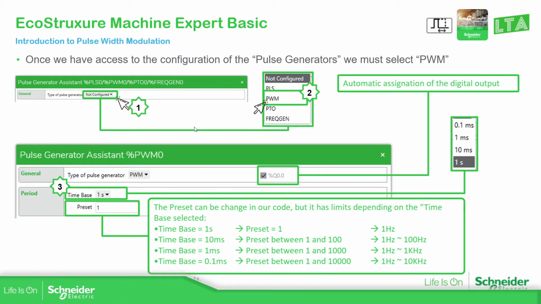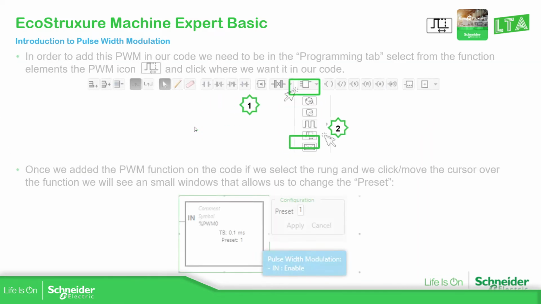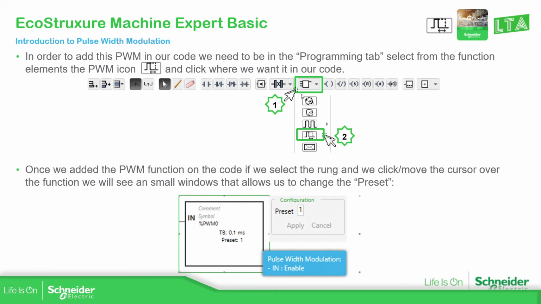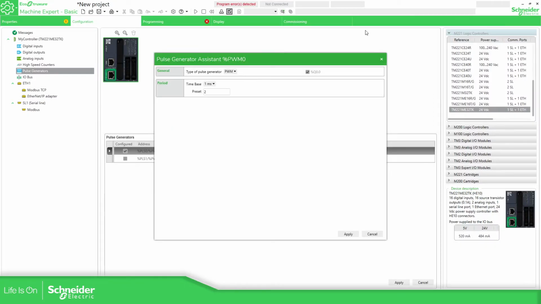So if we continue, now it's time to add the function block for the PWM. This part is simple. We just need to go to the programming, select the function block, and add this icon in our program. Over here, I'm going to configure this one.